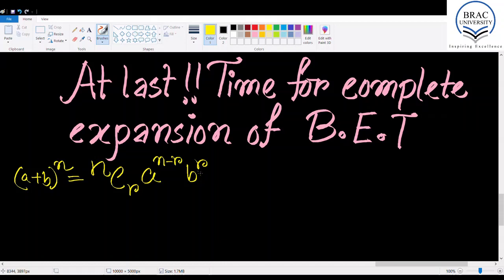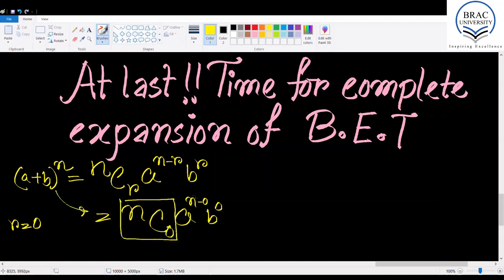If we take 0, then r equals 0, so the first term will look like nC0 a to the power n minus 0 b to the power 0. It means there will be nC0 times a to the power n into b to the power 0, right?